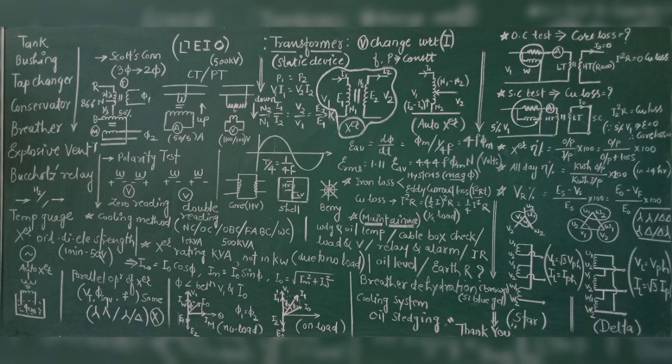Then temperature gauge, and transformer oil, whose dielectric strength is measured for 1 minute at 30 to 50 kV. For that we have this setup, and the distance should be 4 centimeter.